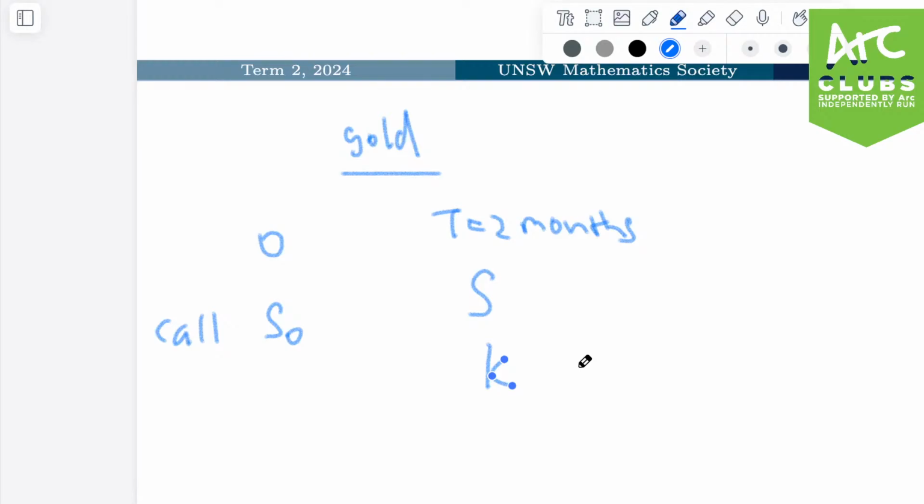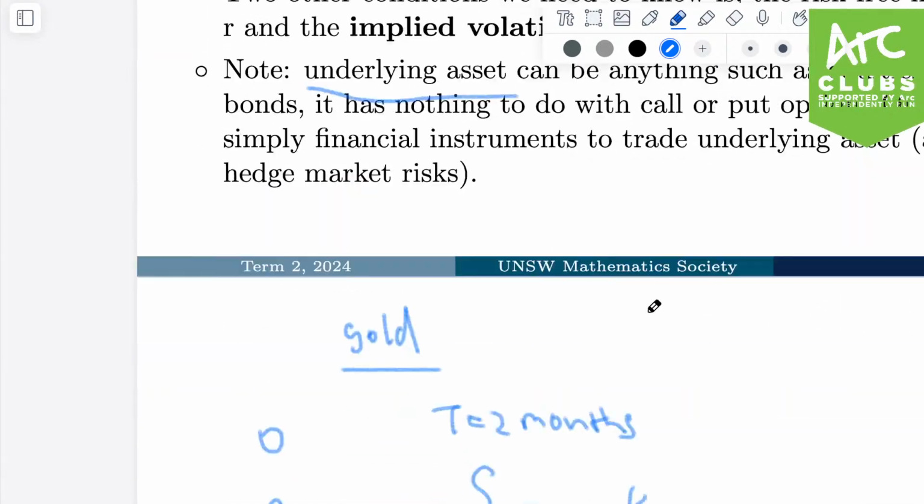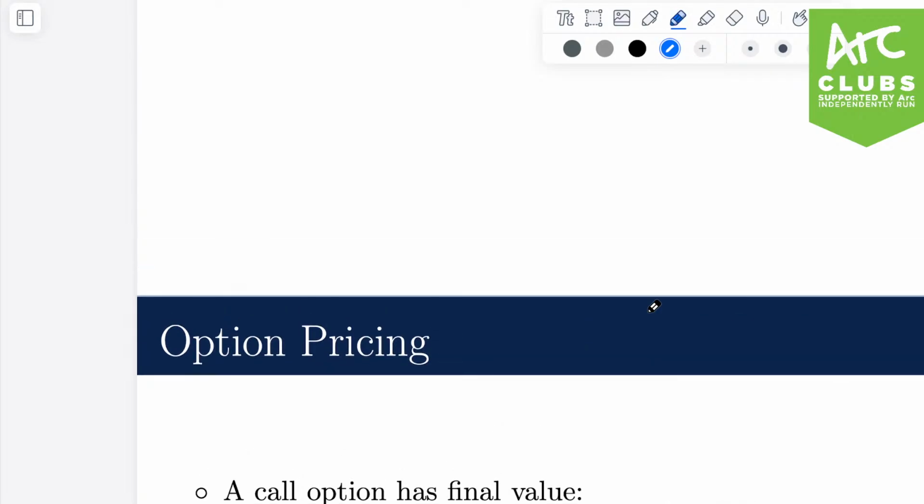So for a call option, I will enter an agreement with someone to buy the product at time T with price K. So I think I have the payoff underneath.